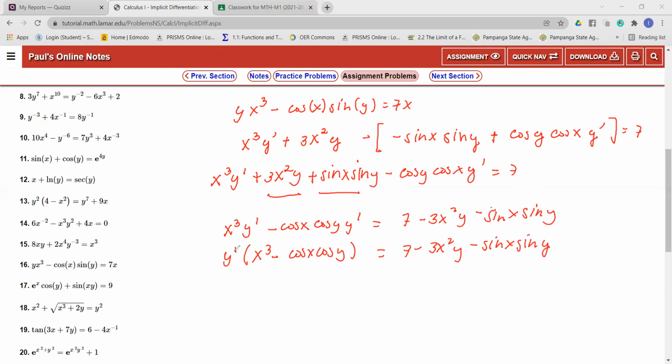Then, again, kung nakatouch sa y prime, dividing both sides by x cubed minus cosine x cosine y, your final answer for y prime will be 7 minus 3x squared y minus sine x sine y all over x cubed minus cosine x cosine y. Okay, so that's it. Yun ang sagot for number 16.